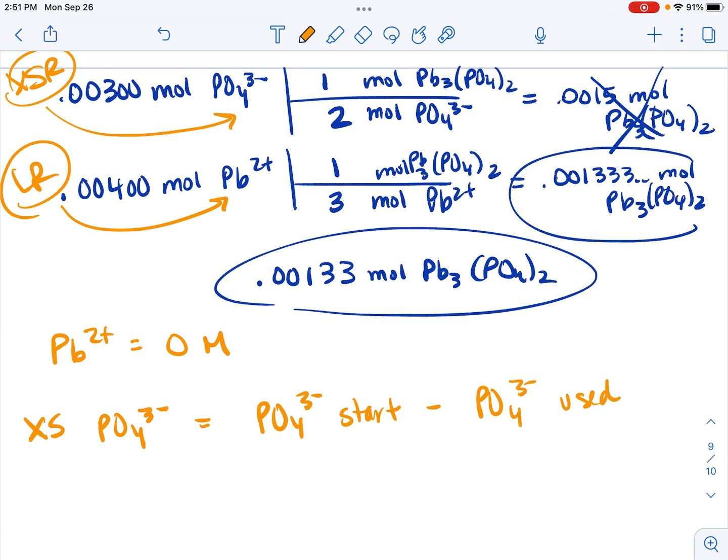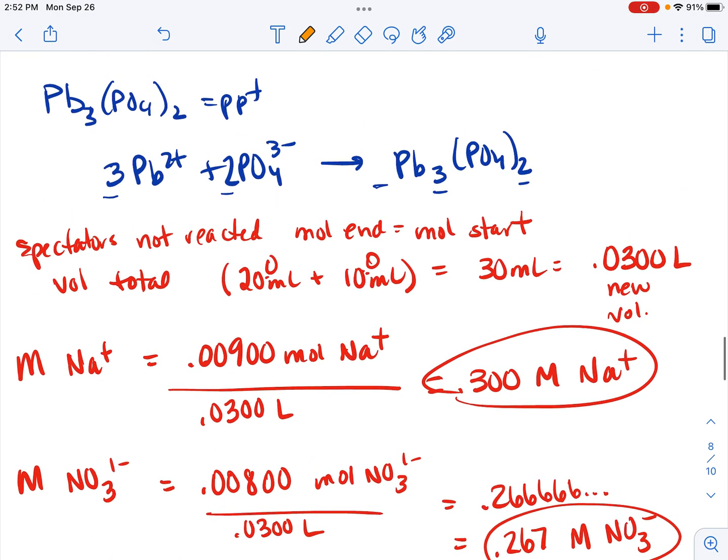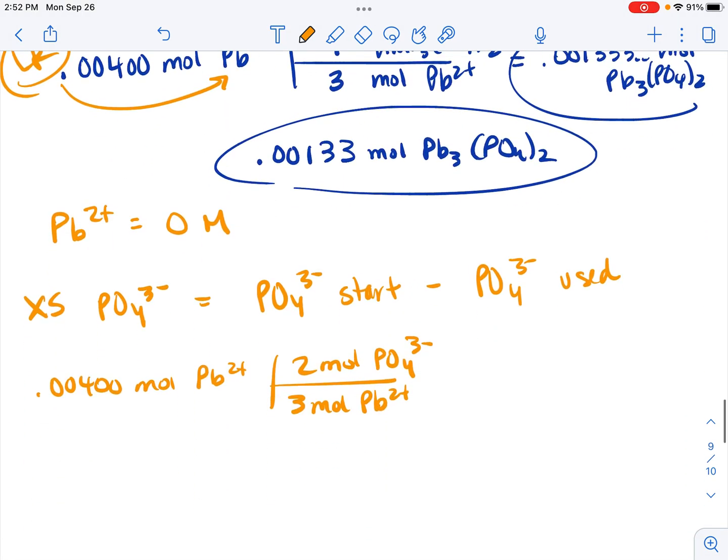So I'm going to do one more stoichiometry from my limiting reactant, 0.00400 moles of lead 2. And 3 moles of lead 2 for every 2 moles of phosphate. If you're not sure where I found those, come back to your equation. And that means that I would use 0.0026666 repeating moles of phosphate ions.